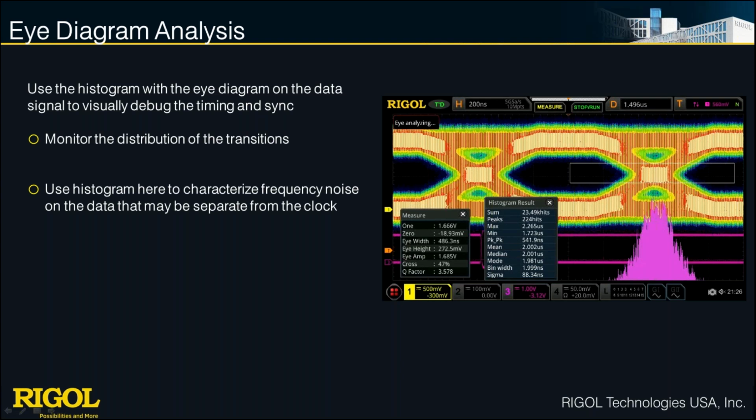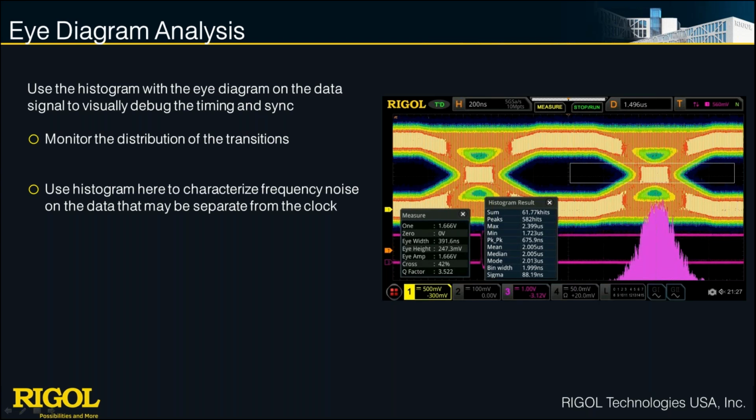Another way to look at this synchronization, or actually, this is more just the frequency and drift in the data itself, is to look at the histogram. So you can see the white box there across the center of the eye, where we're watching those transitions in time and how they pass through in time. So much like on jitter, where you can look at trends as well as the histogram to give you a deeper data set, here we can do the same thing, and we can look at hundreds of thousands of results on the histogram of how the timing on that transition happens.